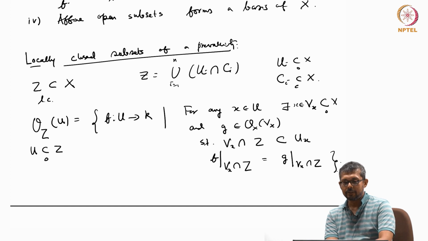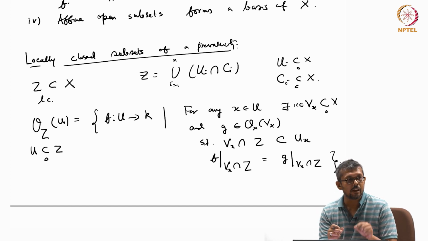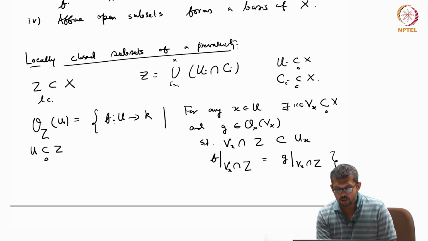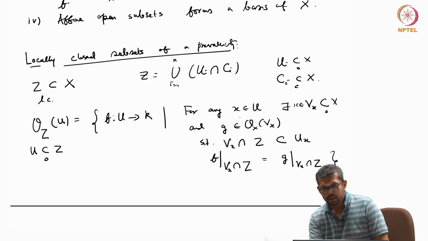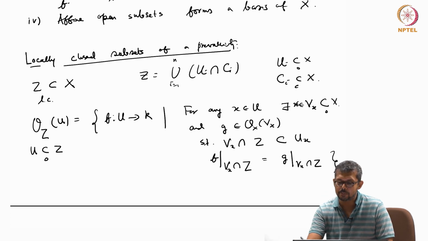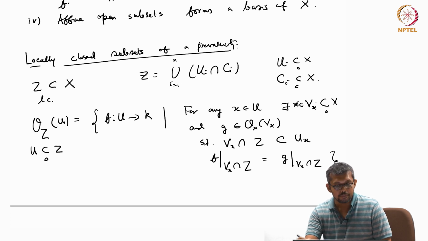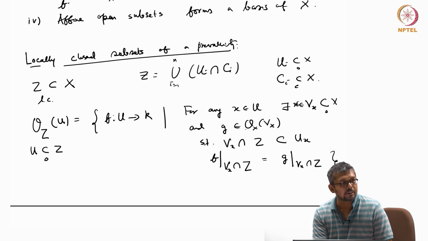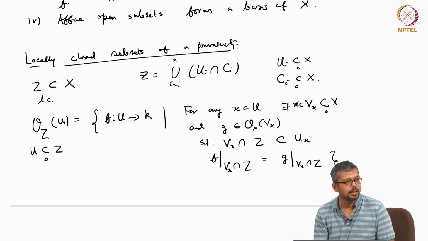So, what does it mean? That means you consider all the functions from U to K, such that locally it should look like a restriction of a function on X. If you consider all the K-valued maps from U to K, such that locally for every x belonging to U, you have an open subset in X which contains x and a regular function, sometimes I call it a regular map because already it is a pre-variety, a regular function g such that when you restrict to this V_x intersection Z, it is equal to f.